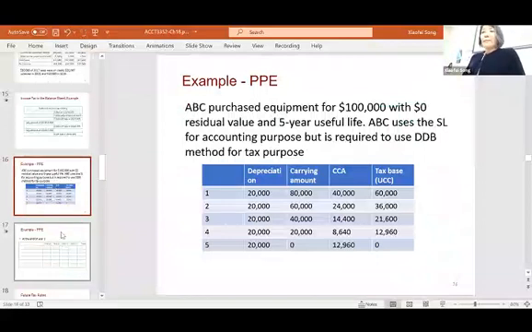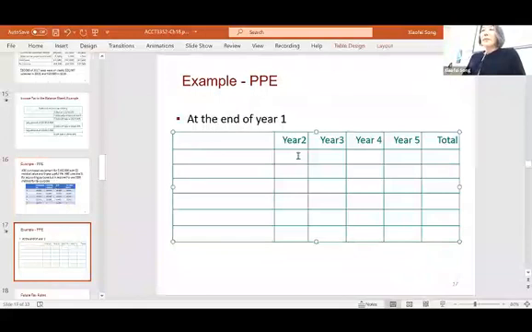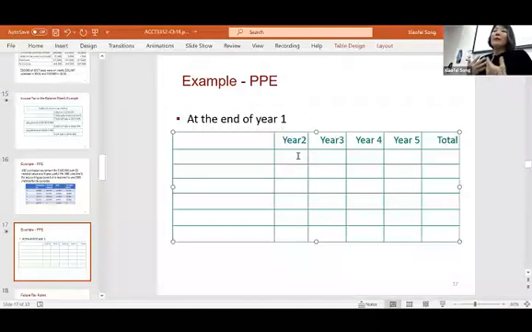The difference that will be reversed each year will be different from year to year. And when you do this year by year, it also allows you to deal with the situation if the tax rates are different in these years.